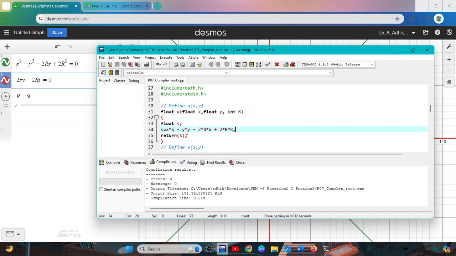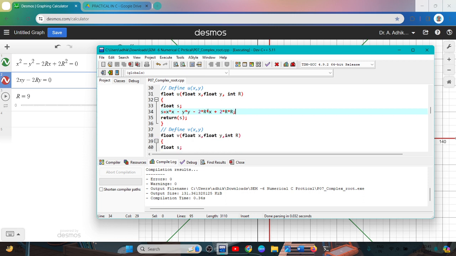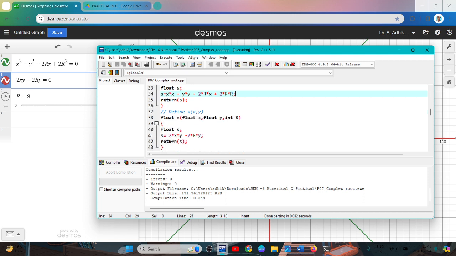So u is the real part of the function: x squared minus y squared minus 2rx plus 2r squared, equal to 0. And v is the imaginary part of f: 2xy minus 2ry, equal to 0.